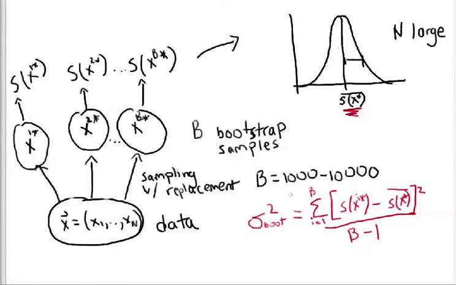And this is a very powerful technique, because we've assessed the properties of our underlying parent distribution without actually knowing the shape of that parent distribution.